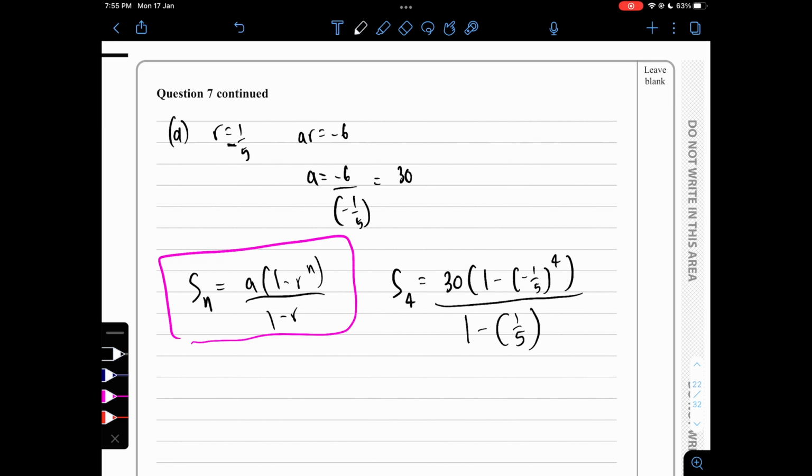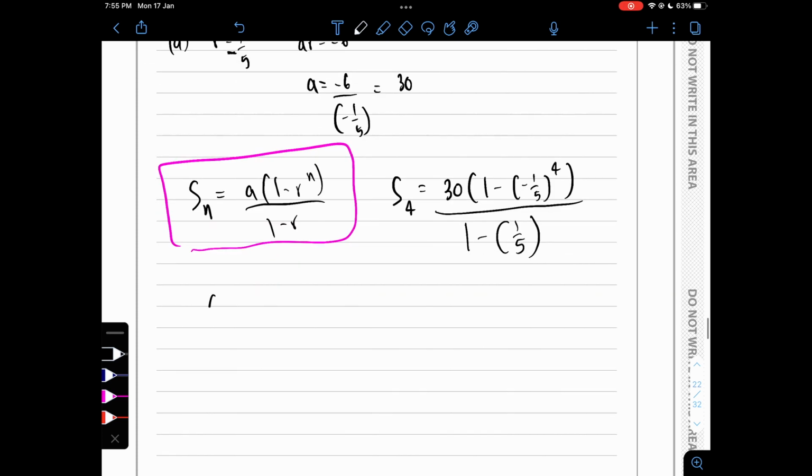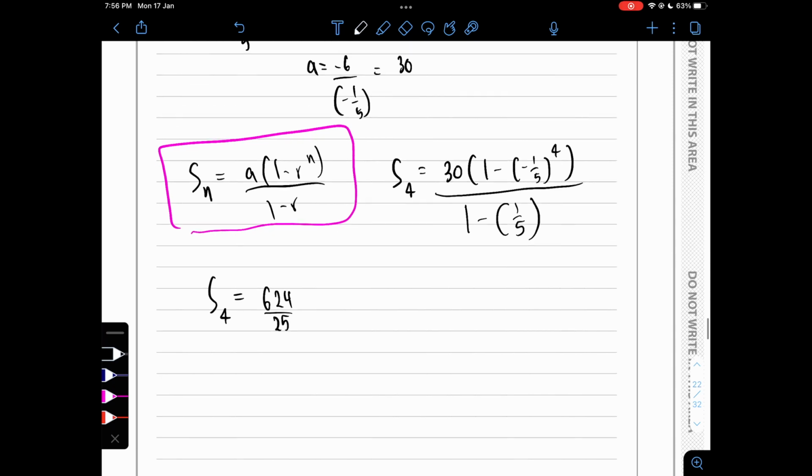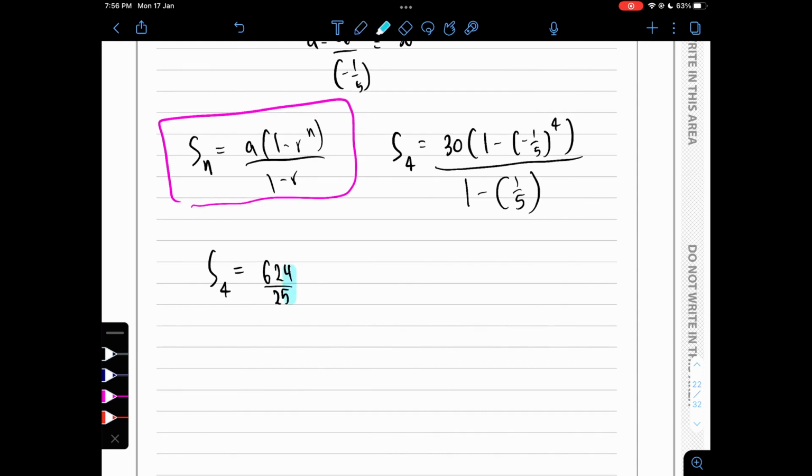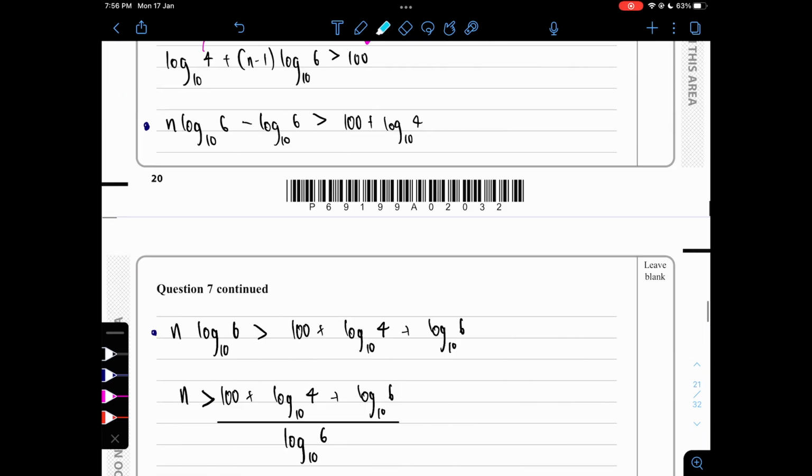When you put this in the calculator, the sum of 4 terms is 624 over 25. You can just leave it as this or the decimal form. Both are correct. Okay, is that it? That is it.